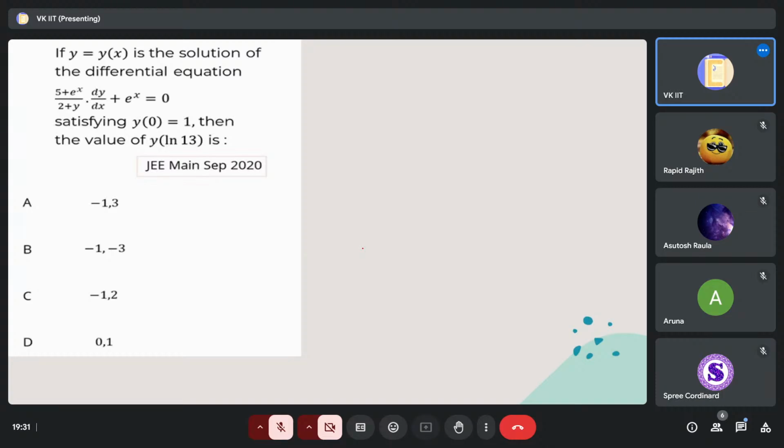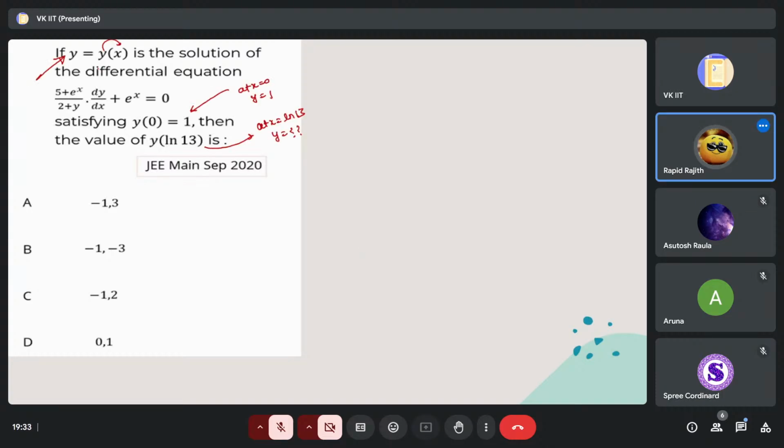They are saying that y is a function of x only, right? It means that by the differential equation, when you get the y value, it is actually the equation of the curve. So this y is actually the equation of a curve, and y(x) is saying that it is a function of x. Okay, sir. So second option, sir. Yeah, second option is correct.